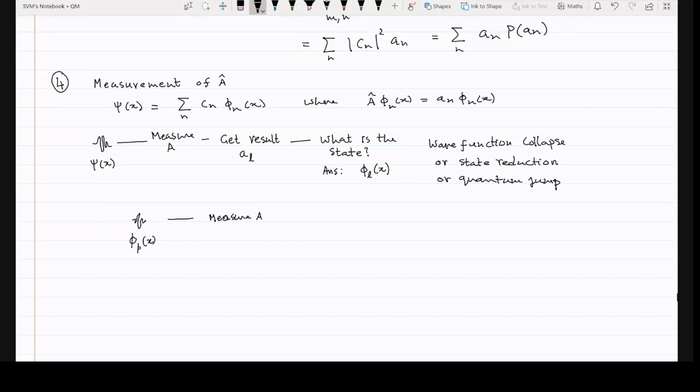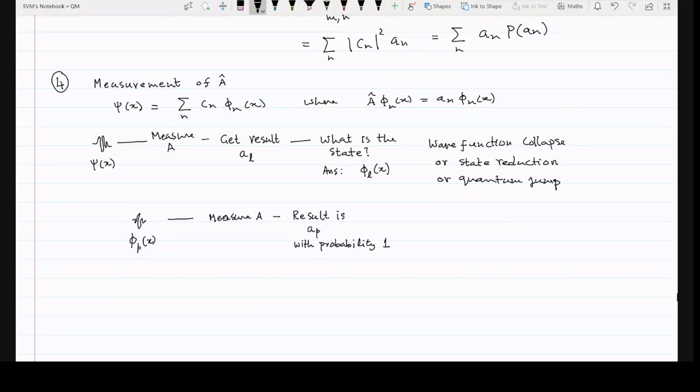The result is AP. There is no ambiguity here, because the result is AP with probability one. That means there is a certainty.